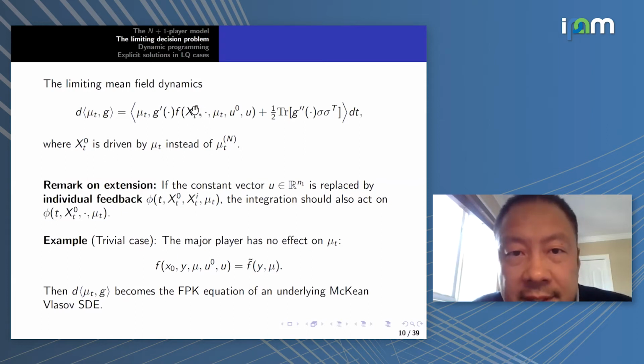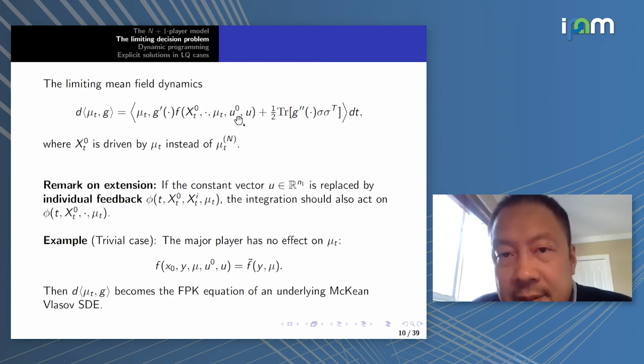This is the state of the major player, and at this moment, for simplicity, we suppose U0 and U here are just two constant vectors. We do not consider control strategies yet, just to make things simple.